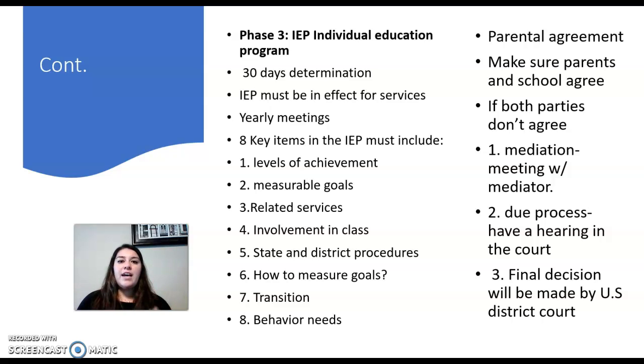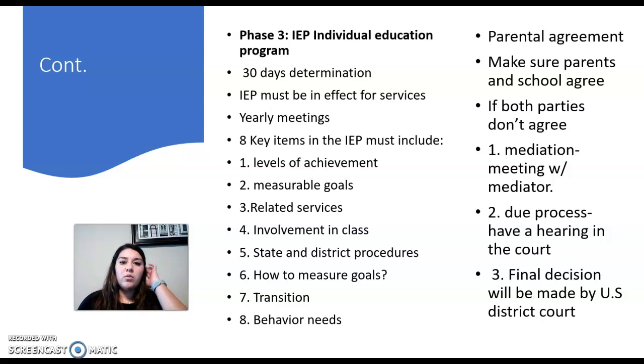So there's 8 key items in the IEP, and those 8 keys are levels of achievement. So how is the student going to be successful? What are they going to do? Measurable goals. So like I said, they're going to make goals. They could be in writing, in reading, in math, in behavior, or for PE.